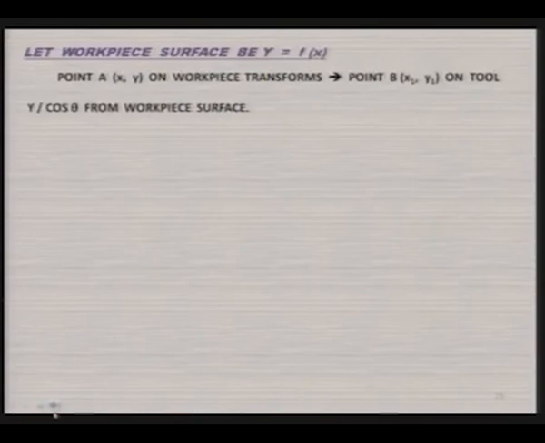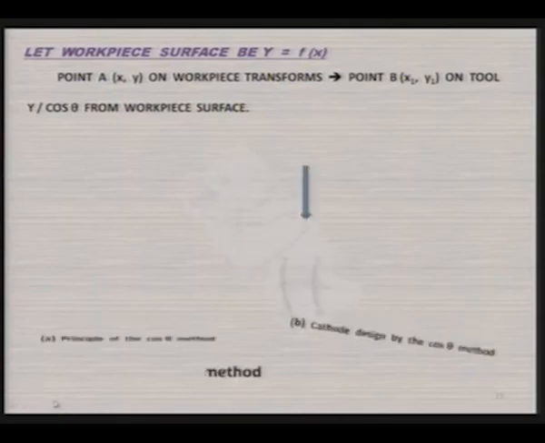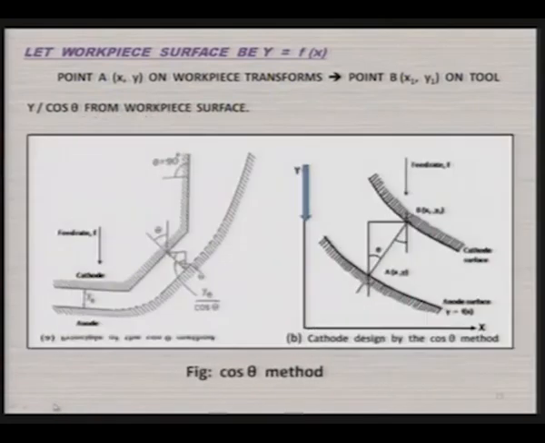Let the workpiece surface be expressed as y is equal to f of x, where y is a function of x coordinates. Now, point A on the workpiece is transferred to point B on the tool. Let us see it here. These are the 3 zones which I mentioned in the earlier slide.